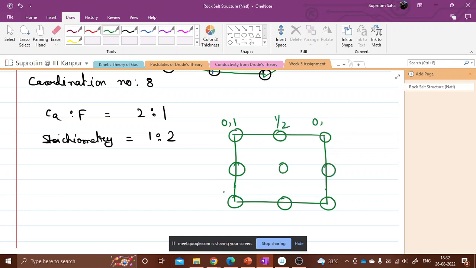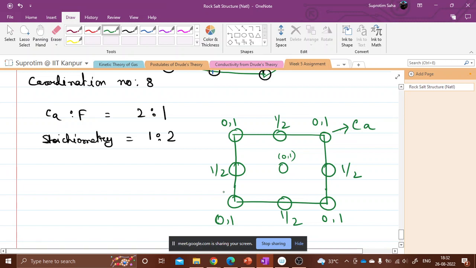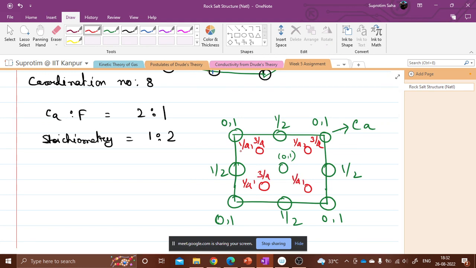Also at the center, these are half, this is 1, this is 1, this is half, this is half, and this is calcium. Then 1 by 4, 3 by 4, 3 by 4, right.